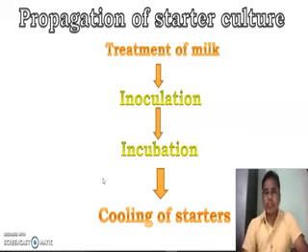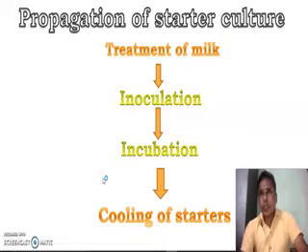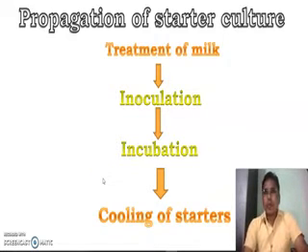Then again heat is given for the remaining lot, it is kept for a day, and curdling is observed again. If curdling is not observed, then this skim milk is used for the further process.